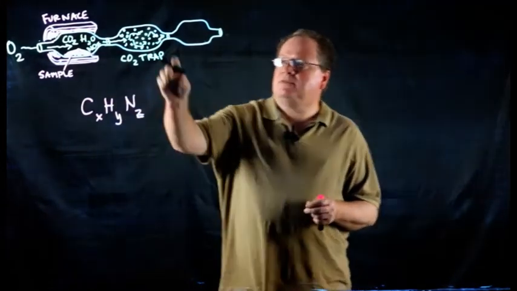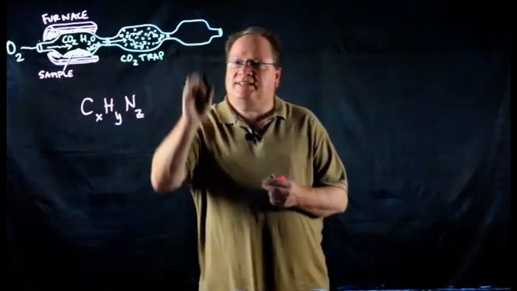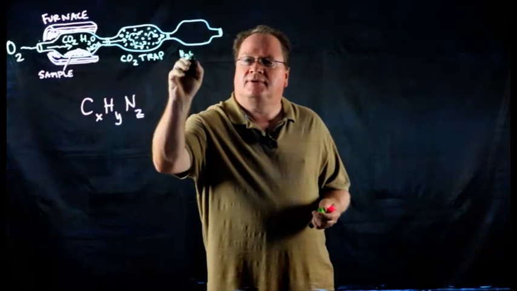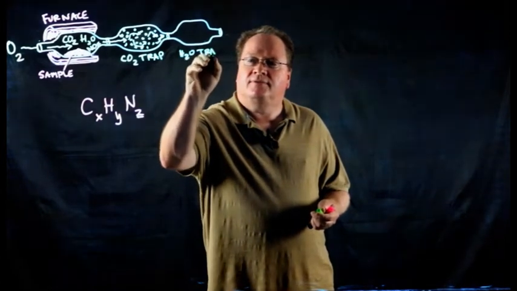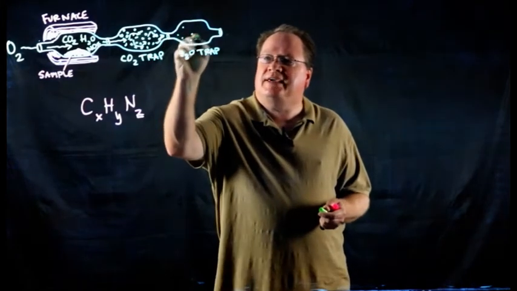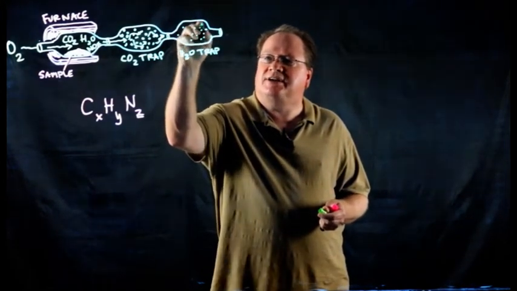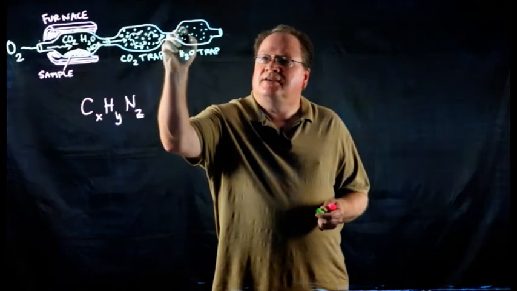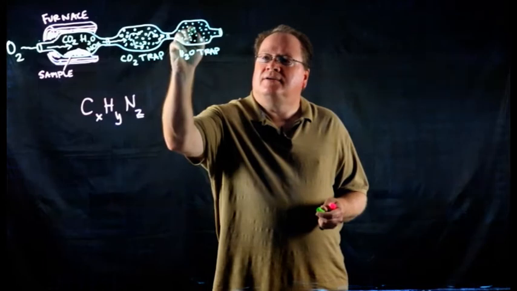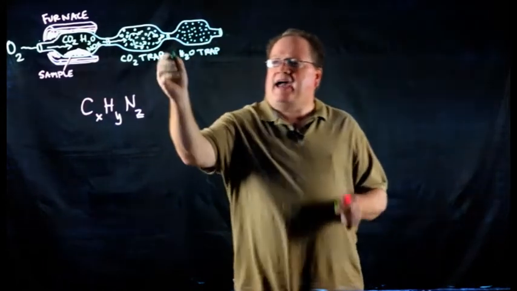All right? It then goes into a second container, and this is a water trap. So it will also have a series of beads in here. They're stacked in pretty tightly. And the gas is going to come through here.